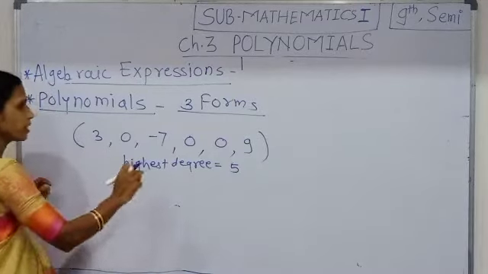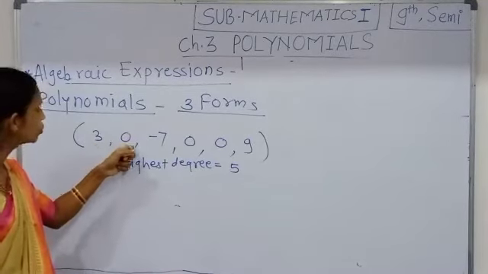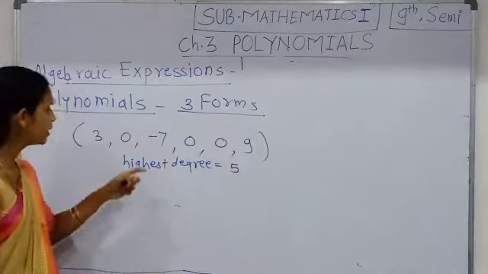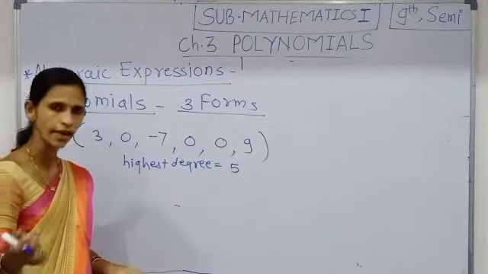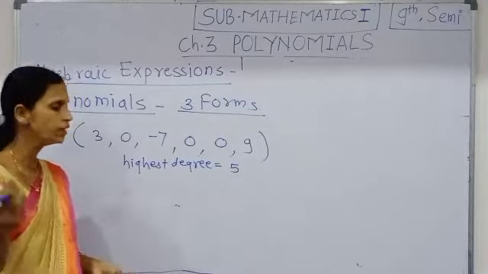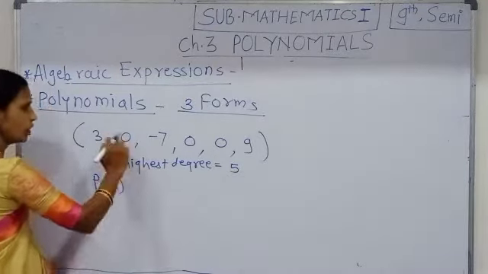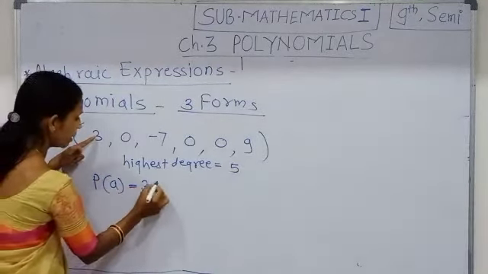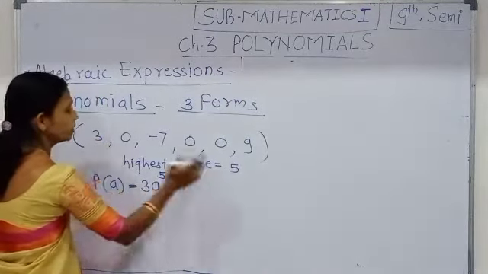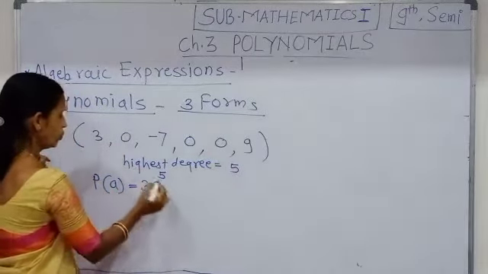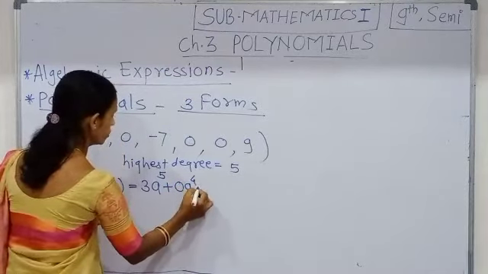Let us write the polynomial in index form as well as in standard form using these coefficients and this degree, in any variable, x or y or a, b, c, d. Here, in the variable a, we write 3a raised to 5, because the degree of the polynomial is 5, plus 0a raised to 4.